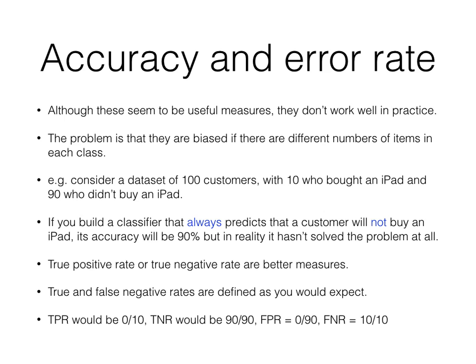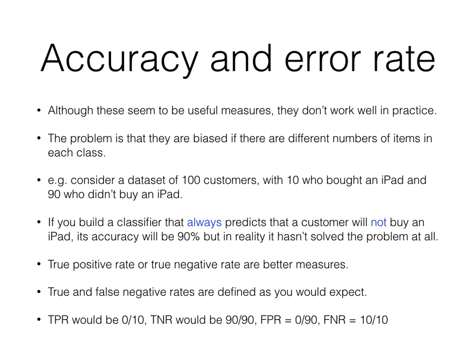So let's look at an example. So here we've got a data set of 100 customers, and 10 of them bought an iPad, and 90 of them didn't buy an iPad. So it's quite unbalanced. So if we build a classifier that always predicts that a customer will not buy an iPad, then its accuracy is going to be 90%.